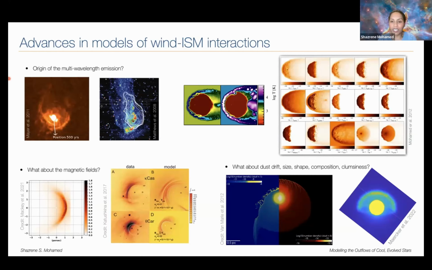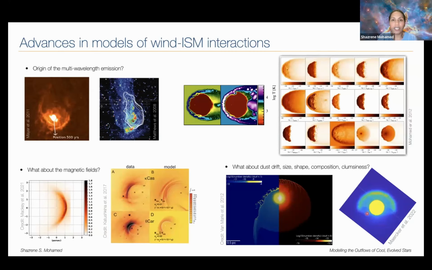And then there were these nice studies of different dust grain size distributions and what that does to the appearance of the bow shock. So the smaller grains tend to trace the gas, and you can see here the Rayleigh-Taylor instabilities, the contact discontinuity, where the larger grains seem to just move through the bow shock and not really be aware that this contact discontinuity is there at all.